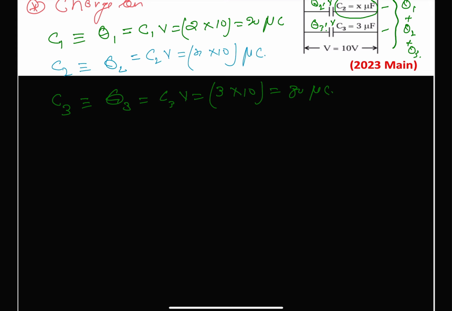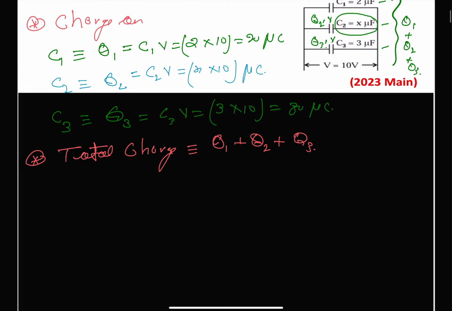So you can write total charge will be equal to Q1 plus Q2 plus Q3. We substitute the respective values. Q1 was 20 plus Q2 was 10X, and Q3 was 30 microcoulomb, and we are given that this total charge is 100 microcoulomb.